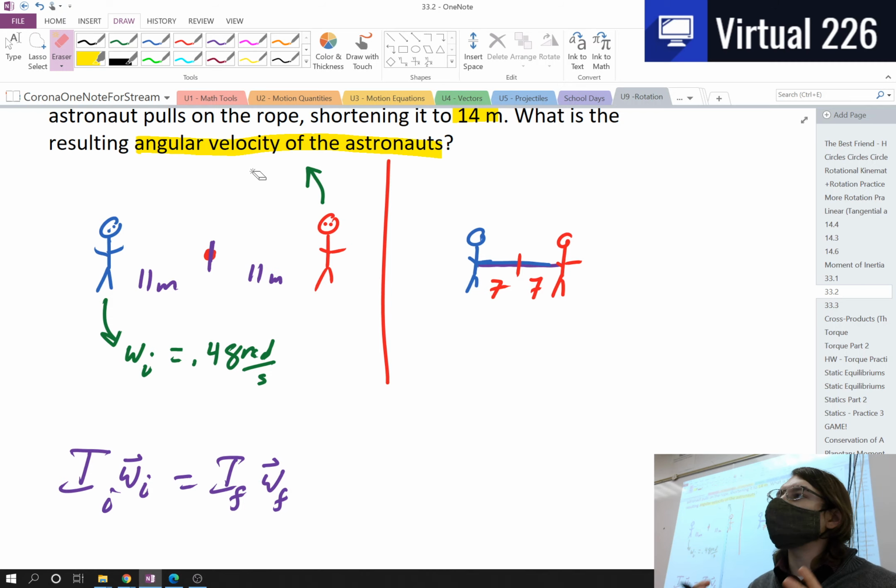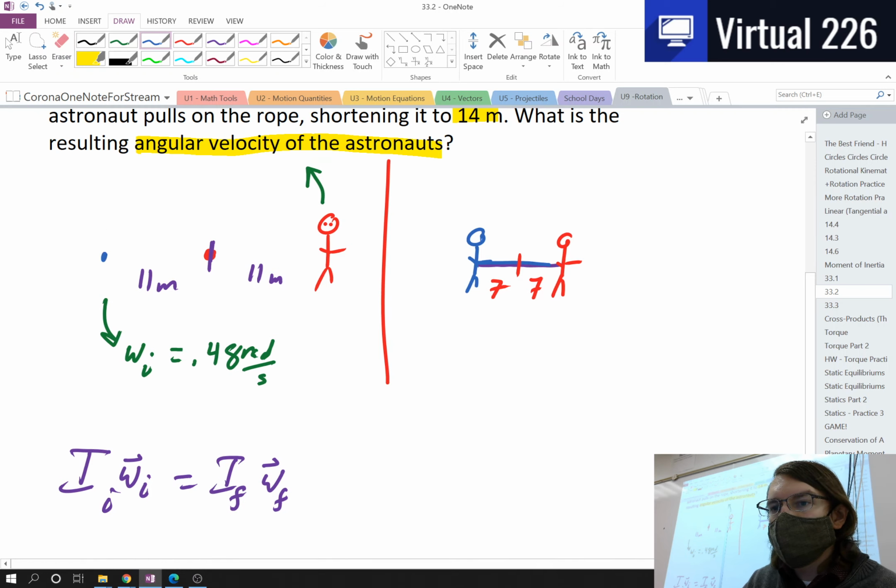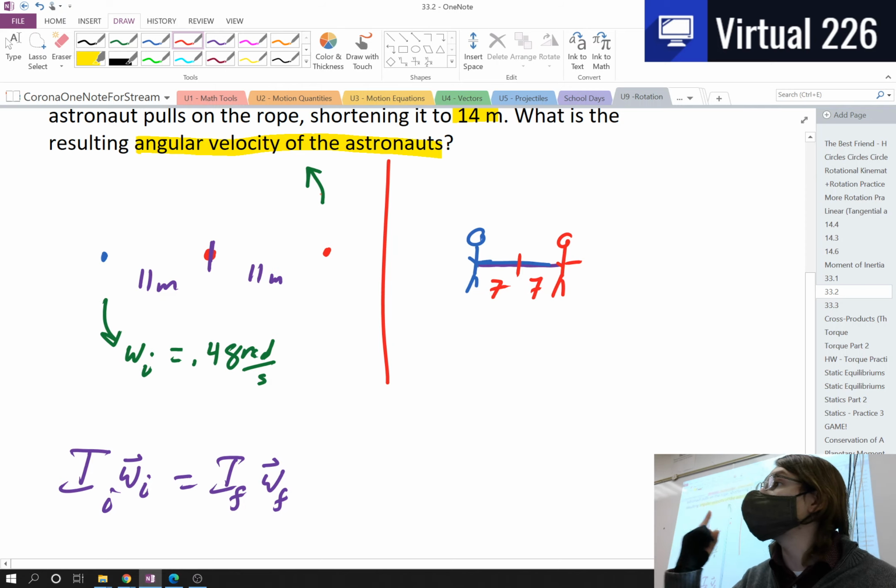We can consider our humans and the planets in these situations as being point masses. Instead of saying we're some human shape out here, these humans are just dots. And if you recall earlier in the year when we talked about F equals ma and drawing free body diagrams, we pretended that complex shapes were just dots, or the entire mass was at one location, the center of their mass.